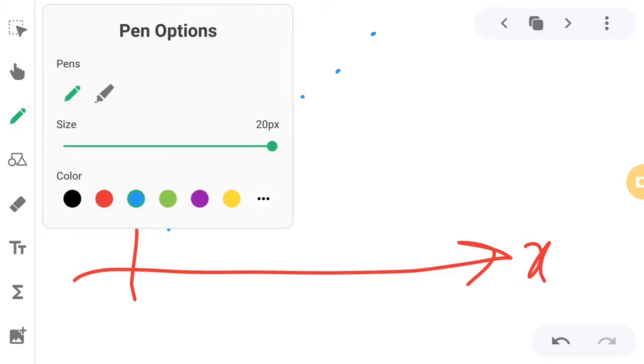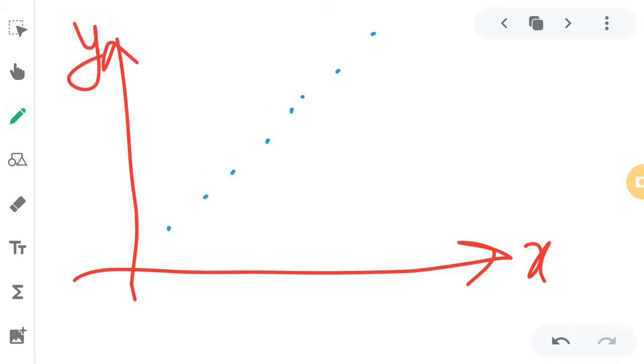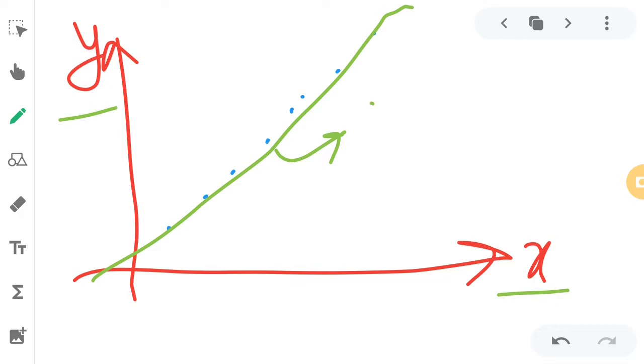Now if we draw a straight line, all the points lie on this straight line. So this straight line is the relationship between this x and this y. Suppose it is y equal to mx plus c.